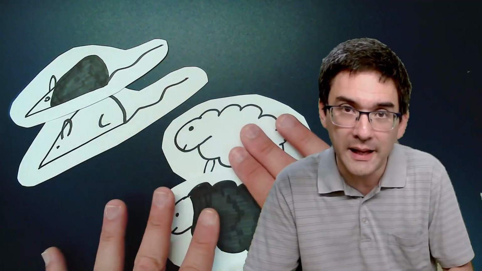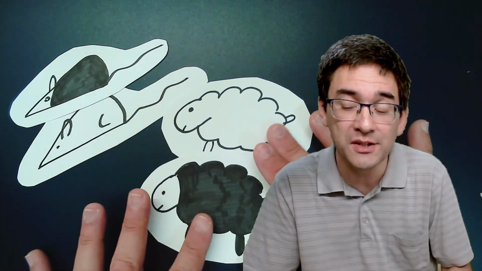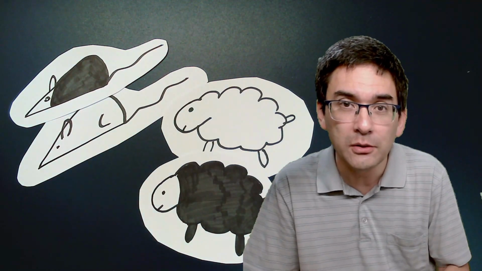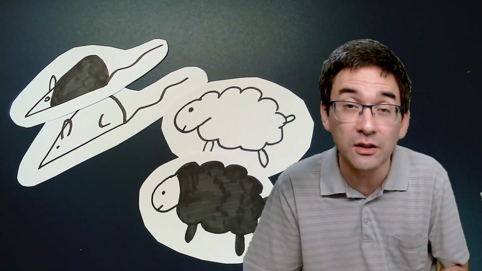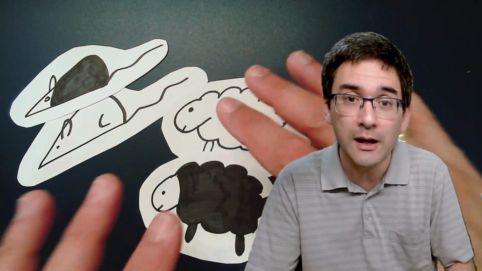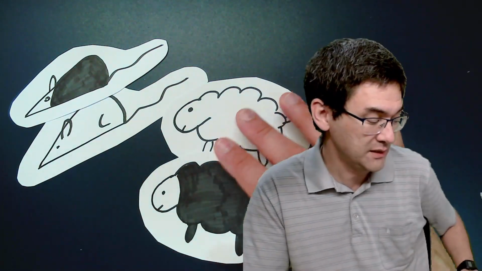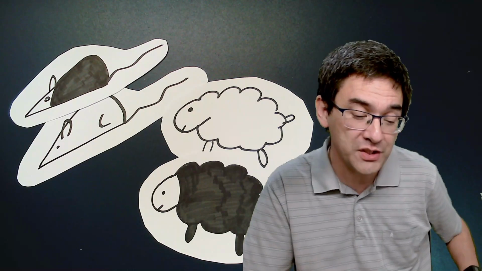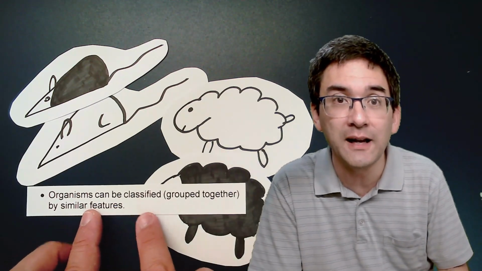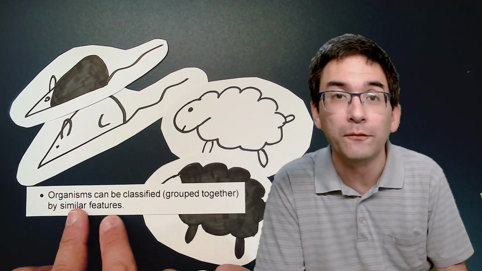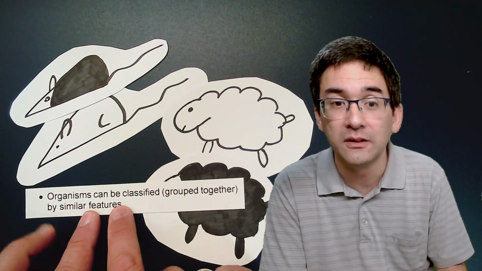So when scientists group animals, you look at similarity, but you have to be careful that you do not only look at one individual characteristic or a few characteristics, but you have to look at all of this. And this is a very important concept that I've summarized over here. Organisms can be classified or grouped together by similar features. And look, it's plural.